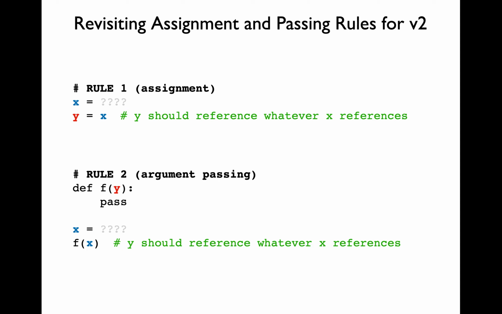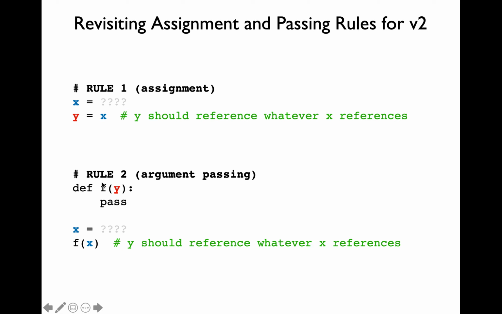So this implies that y should reference whatever x references. Rule number 2 has to do with argument passing. Recall that in Python, whenever we pass arguments, we go through something which is called pass by value. Here we are going to state that the parameter variable should reference whatever is being referenced by the argument variable.